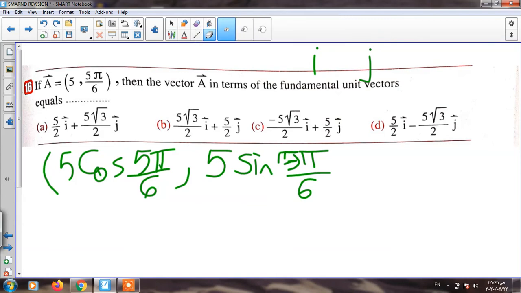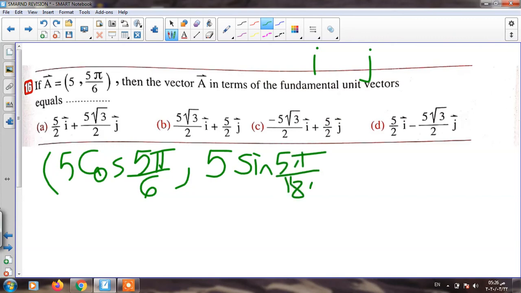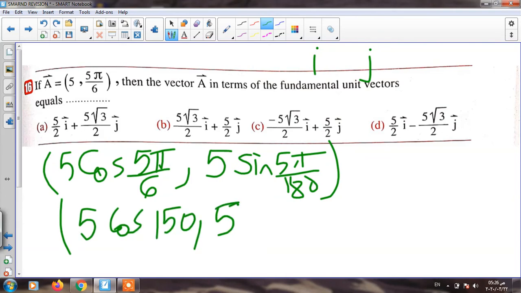So let me see, the result is going to be how many? By the way, 5/6 pi will be 5 times 180 over 6, and it's going to be 150. It's going to be 5 cosine 150 and 5 sine 150.